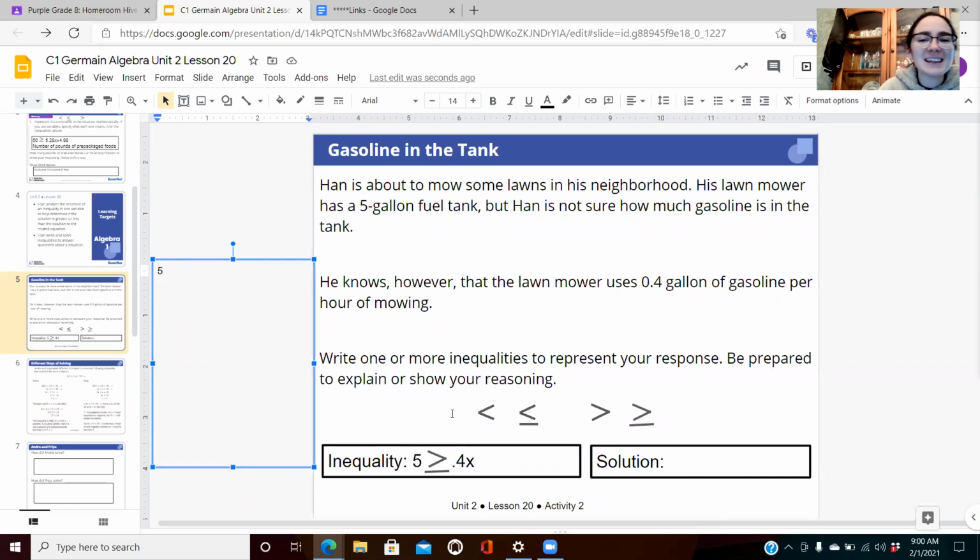So now I want you to take that inequality and solve it, and figure out how many hours he can mow his lawn for. I want you to take 1 minute right now to solve that inequality. I'm doing it in this box next door. You can insert a box if you would like and type it in there because it might be a little bit easier.